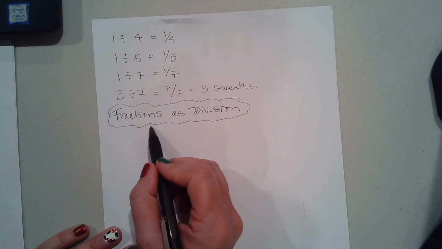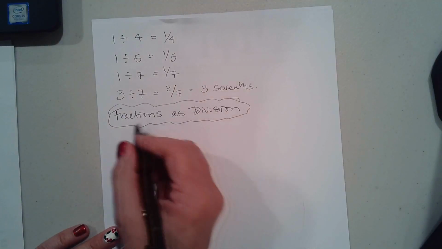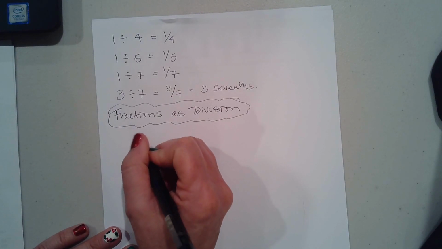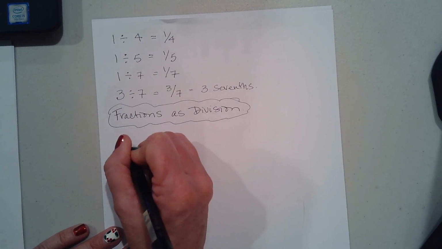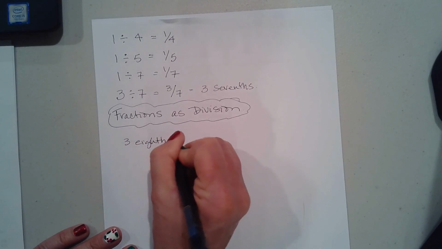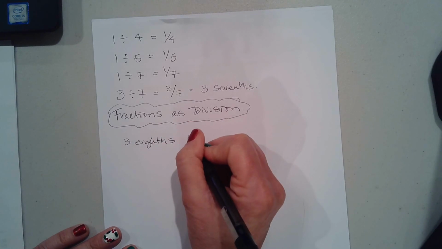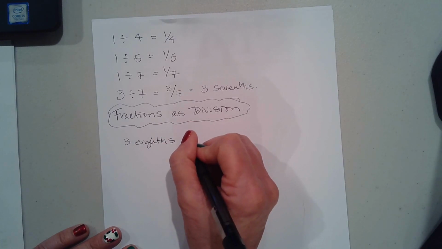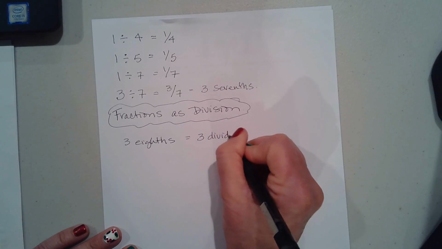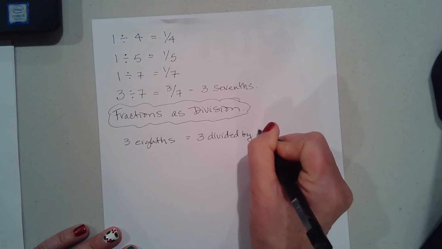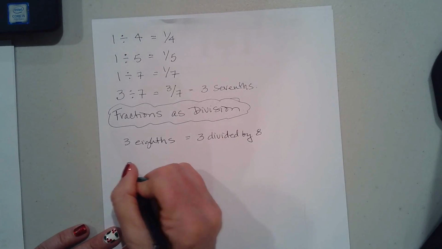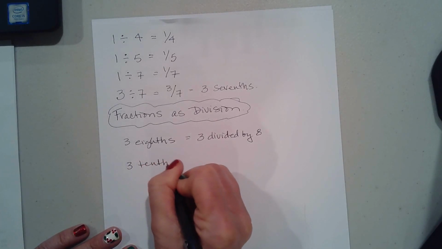All right, last but not least, fractions as division. So if I say a division expression that is, for instance, what is 3/8? What is that equal to? Fraction as division. So 3 divided by 8. Okay, what if I say 3/10?